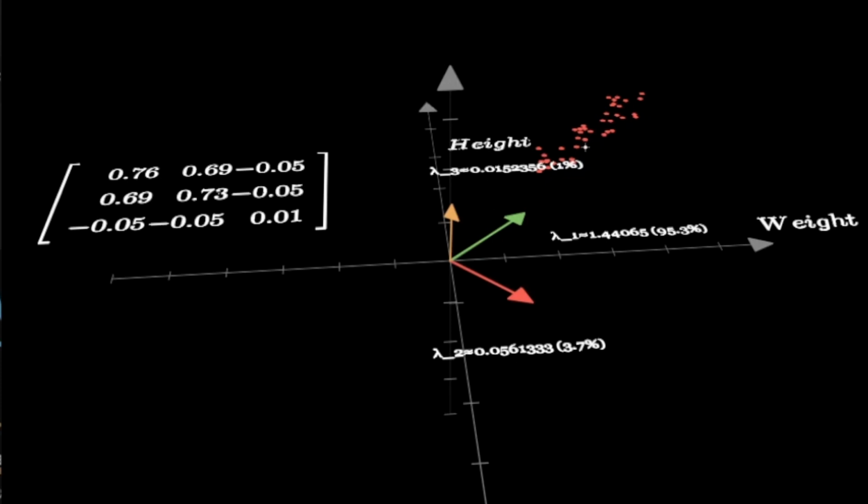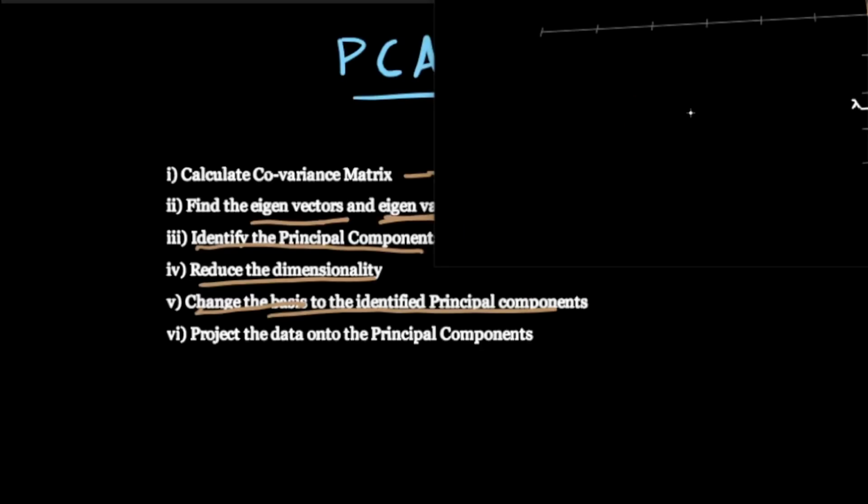Now, in order to reduce the dimensionality, we have chosen these two dimensions as the ones which contain most of the information. So the only remaining step is for us to change the coordinate system to be represented by these two dimensions as the basis vectors, and then project these data points onto these two dimensions and figure out what the coordinates of these data points in these new dimensions are. That is what this fifth and sixth point talk about.